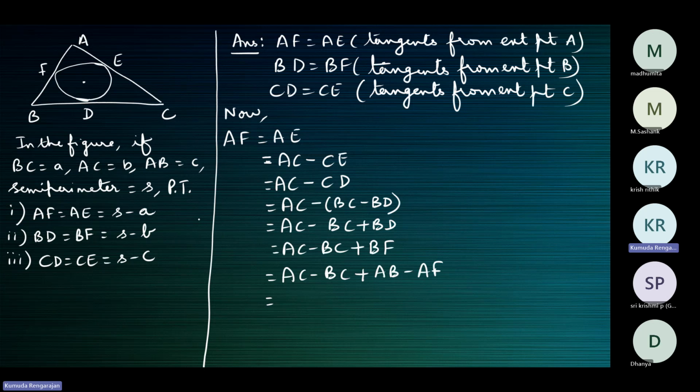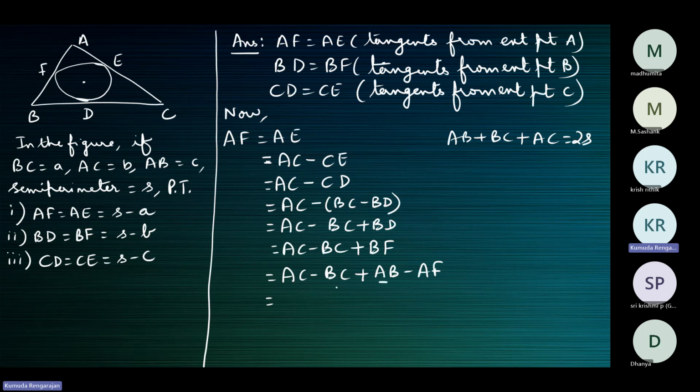So semi-perimeter minus A, meaning we know that perimeter is AB plus BC plus CA or AC. Perimeter of this triangle is AB plus BC plus AC. Semi-perimeter is S, so perimeter is 2S, right? So now here you have the sides.